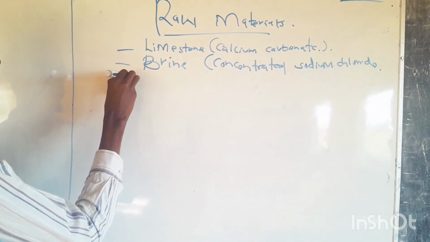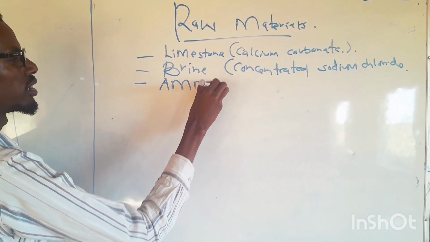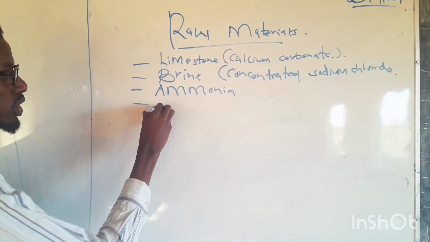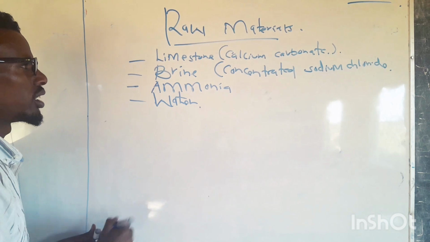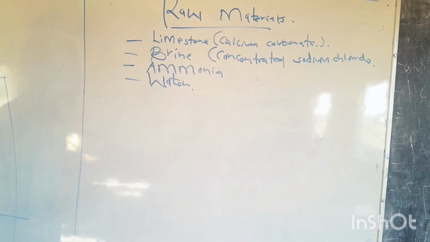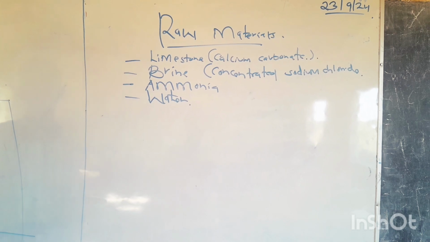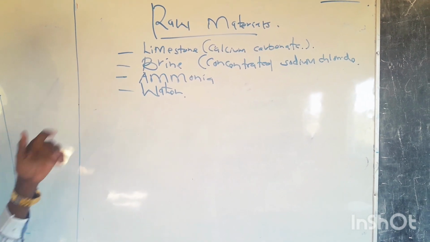Third, we have the ammonia. And fourth, we have water. These are the raw materials for the Solvay process. We also have the parts of the process and the reactions that will occur.